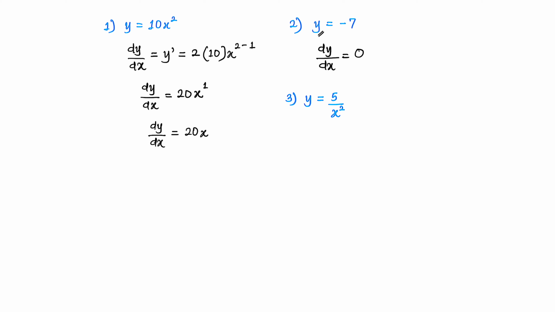This function does not require a division rule or the rule we know as a quotient rule. We simply bring the x squared up. What does that mean? It means if you don't want to apply the quotient rule, which we will learn later, you simply rewrite this function in a way that can be differentiated without the need of a quotient rule.